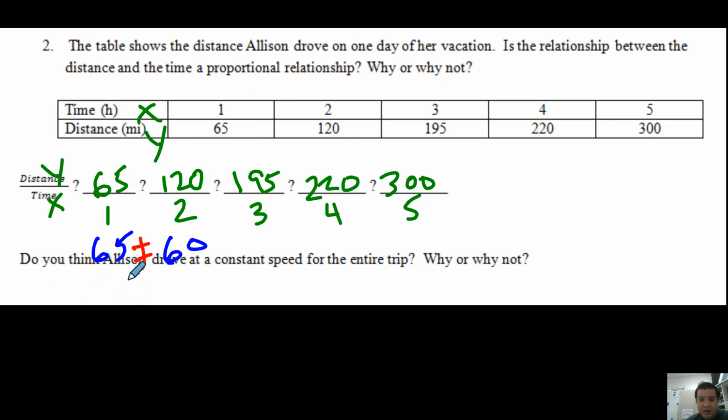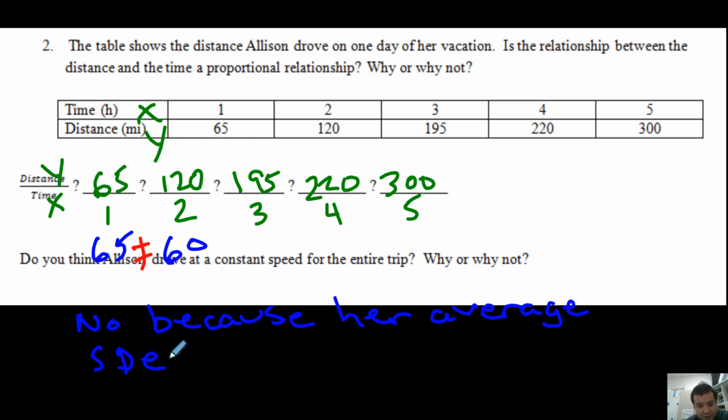Do you think that Allison drives at a constant speed for the entire trip? Why not? No, because her average speed changed from one hour to the next.